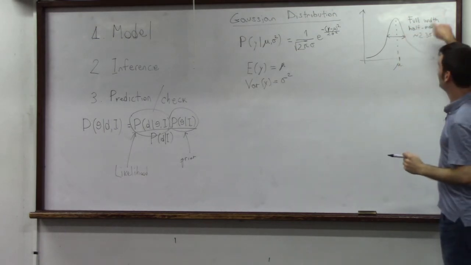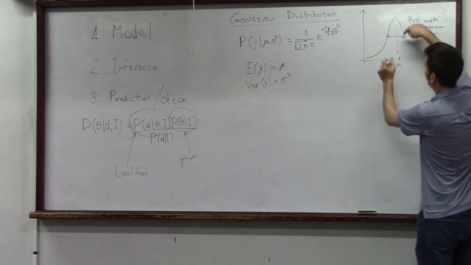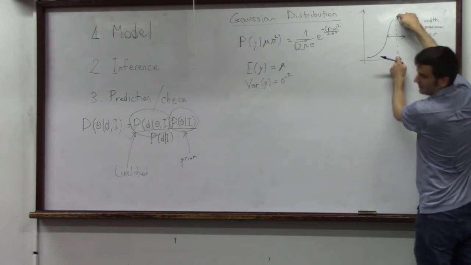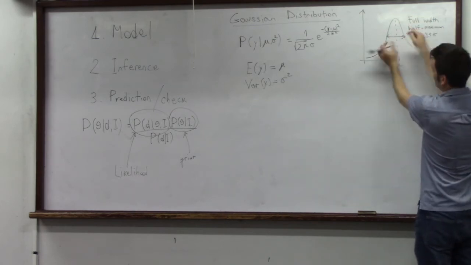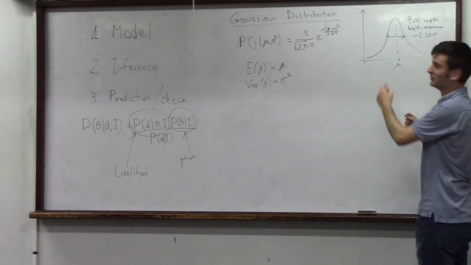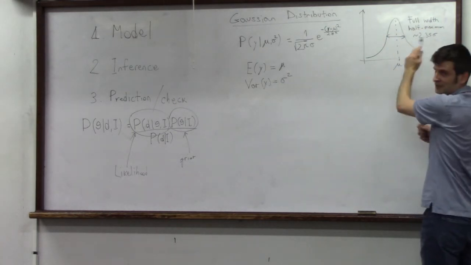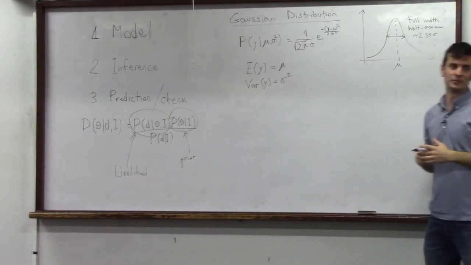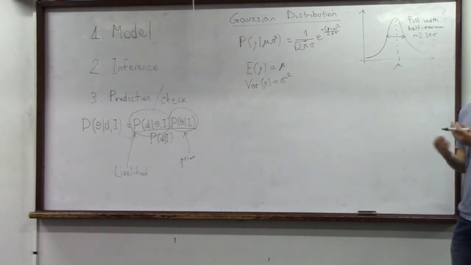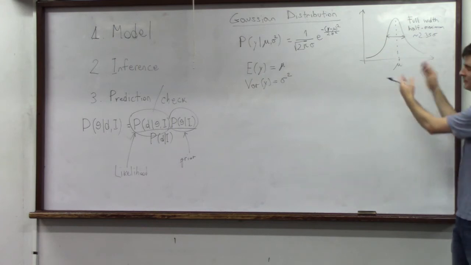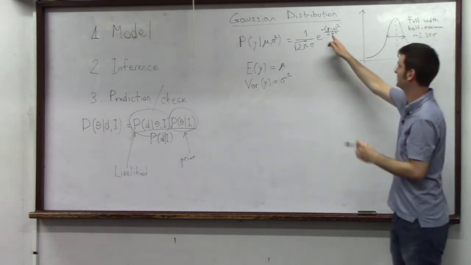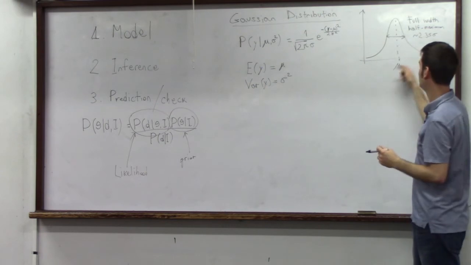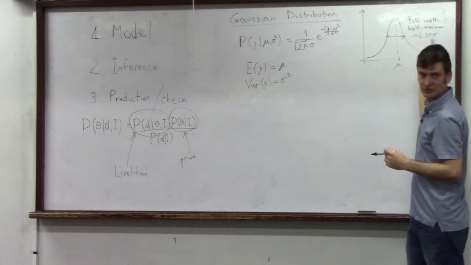It might also be useful to know the full width at half maximum: if I take the point where it's half of the height and measure the width of the distribution, this is 2.35 times this parameter sigma, which is also called the dispersion. It's an intuitive way of visualizing how these parameters affect this distribution. If you change mu, you shift the distribution.